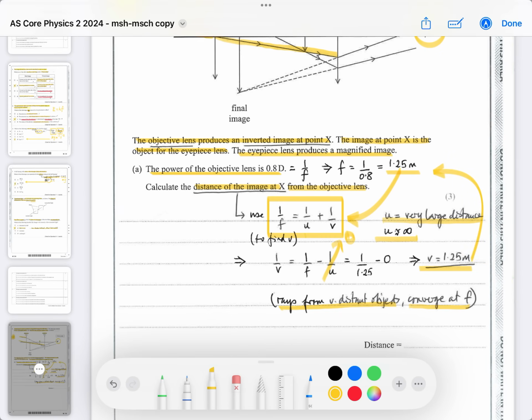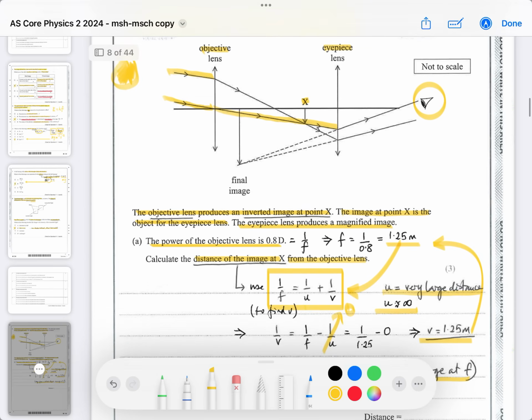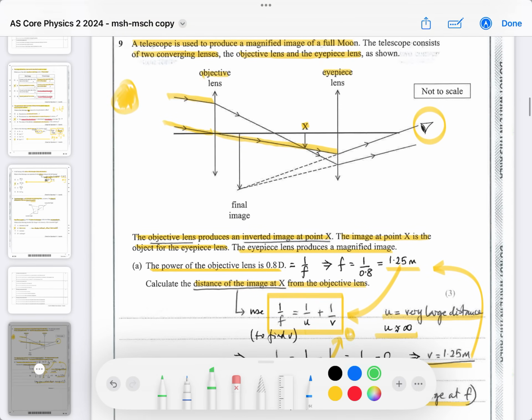And that means we don't know how far apart this distance is, but it would be less than the focal length of the eyepiece lens. So we just worked out that this is 1.25 meters from here to here.